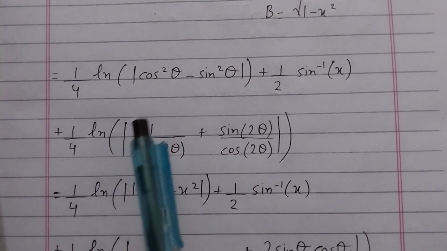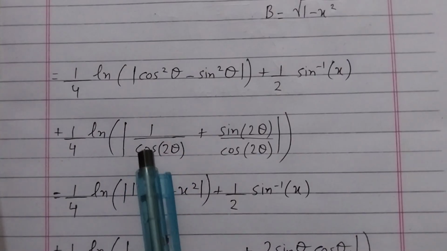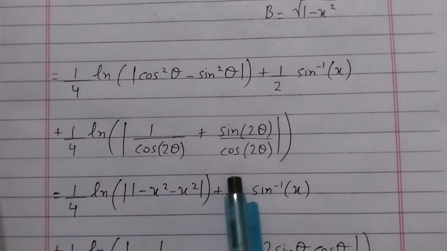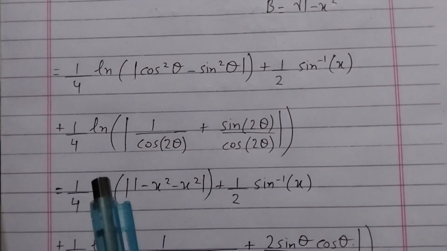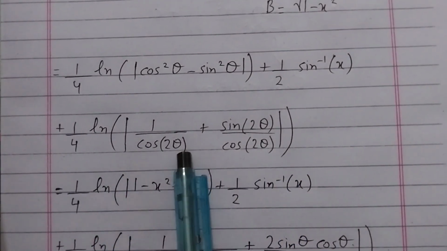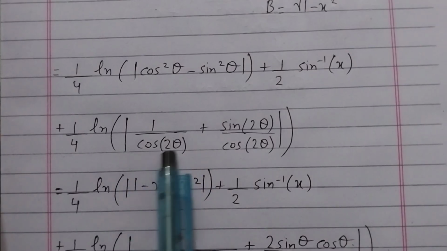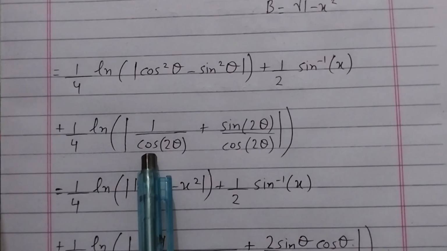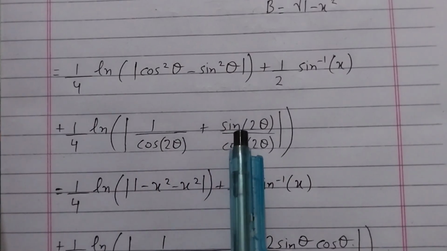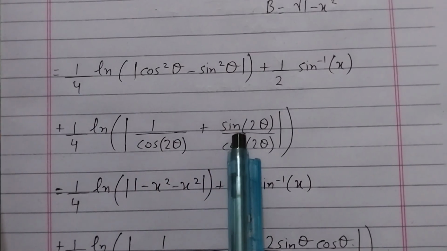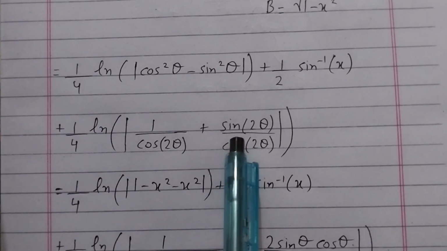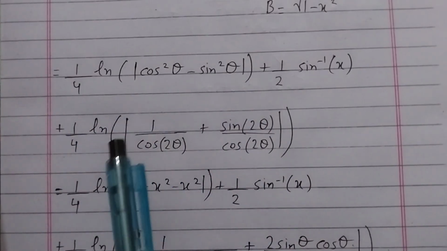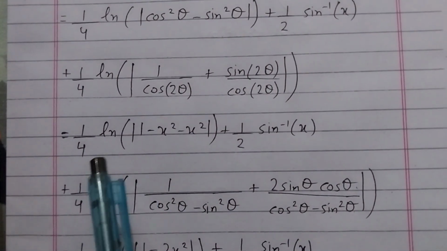So secant 2 theta can be written as 1 over cos 2 theta, and tan 2 theta can be written as sine 2 theta over cos 2 theta. We also need to replace this cos 2 theta in the form of cos squared theta minus sine squared theta, and we also need to use the formula of sine 2 theta, which is simply 2 sine theta cos theta, so that we just need to put the values of sine theta and cos theta in this whole expression and calculate its value.